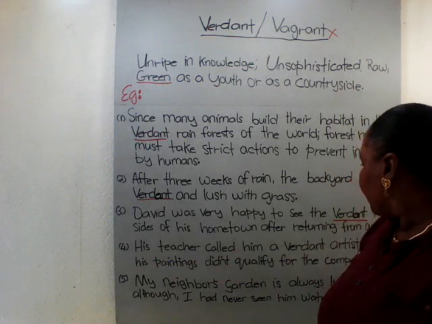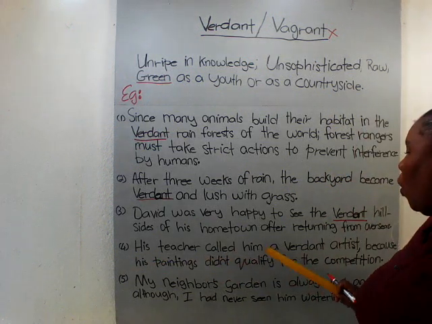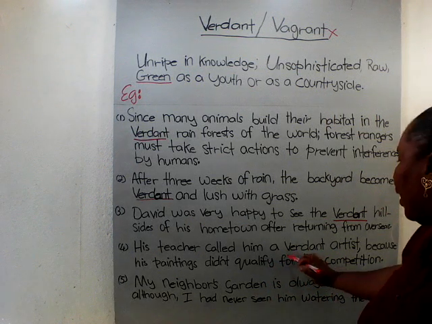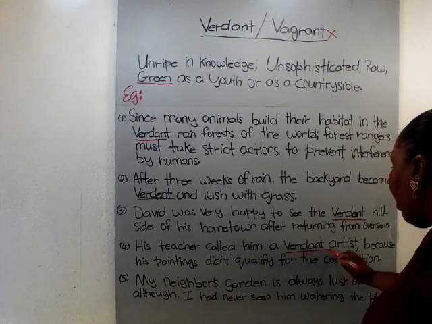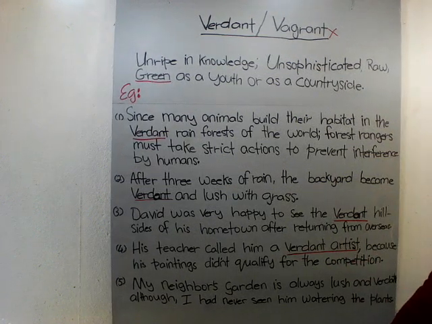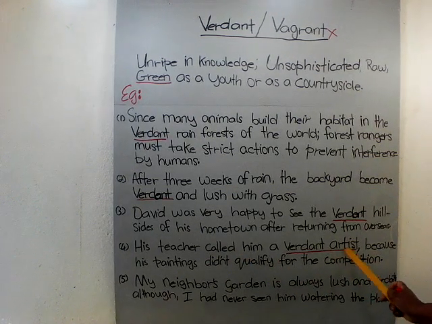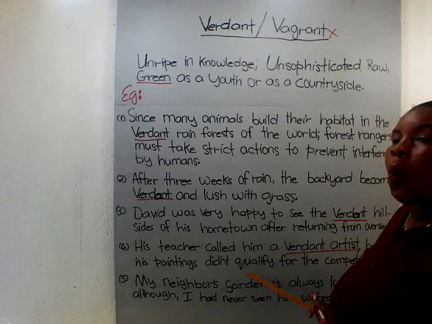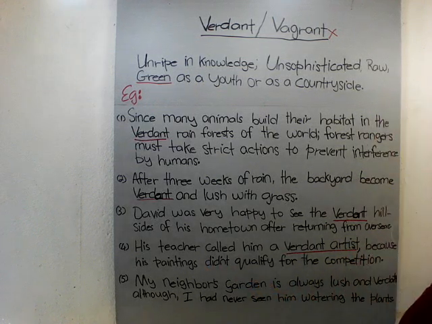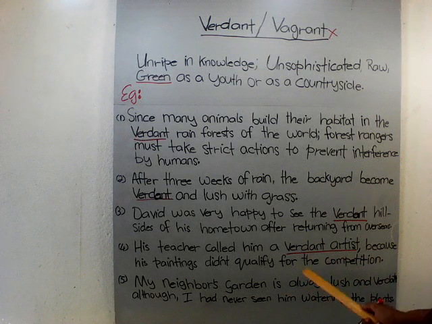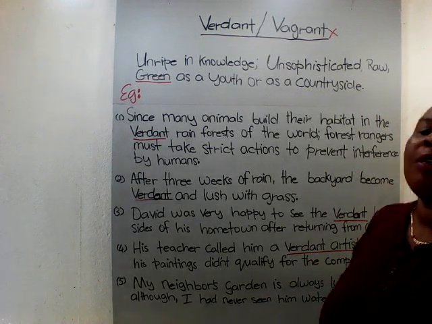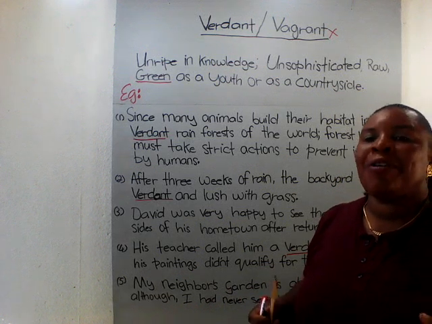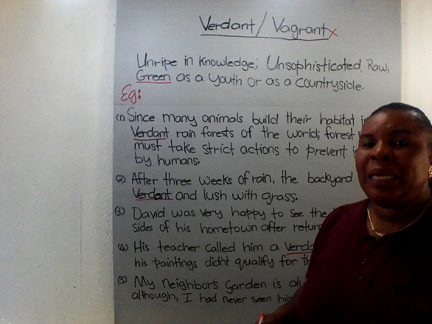Number 4, his teacher called him a verdant artist, right? His teacher called him a verdant artist because his paintings didn't qualify for the competition. So if he's a verdant artist, that means he's not very what? Experienced. He's an apprentice. He's not very experienced in painting.